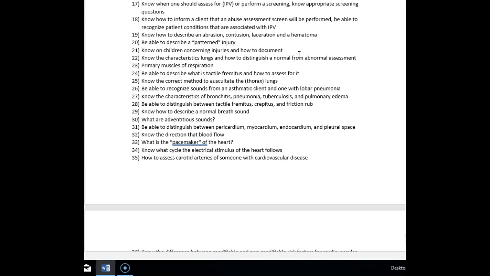As you go down the chest, fremitus basically decreases.